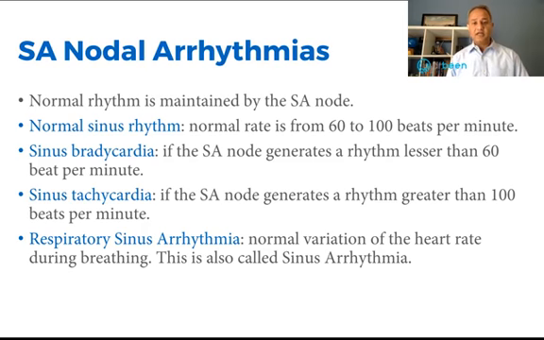The reason is that, let's say if the SA node somehow got damaged, the ventricles or the AV node have taken on the responsibility. These tissues cannot produce tachycardia. They normally are slower than the SA node. So somebody who is in a tachycardic state will usually have the SA node working okay and overworking, overdriven.